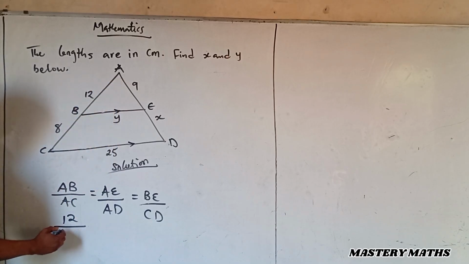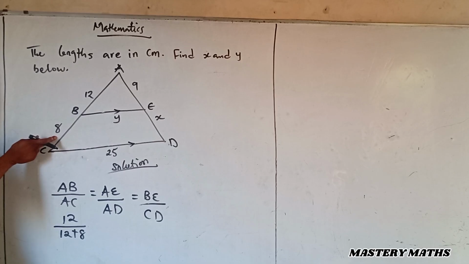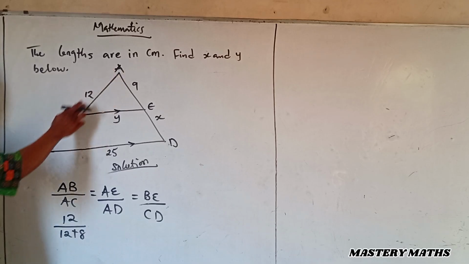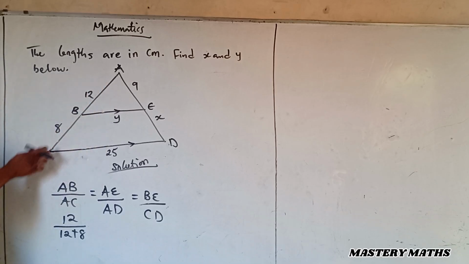AC will be 12 plus 8, because when you're saying your AC, which is the big one, you're adding the small one and this together to give us the big side. You don't say your AC is 8. Wrong. Since both of them are on the same line, if from here to here is 12, from this same A to C will give us 12 plus 8.